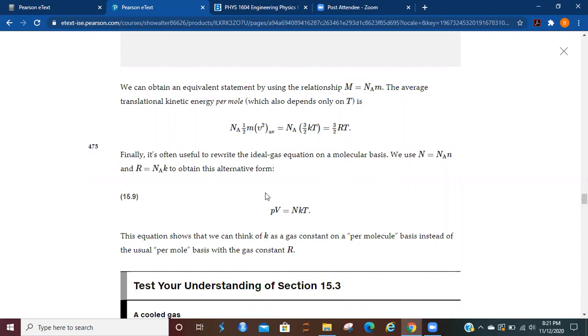Another way to write the ideal gas law is this alternative form. Since we can now introduce Boltzmann's constant, we can do that here, and then we replace the number of moles with the number of particles that we have.